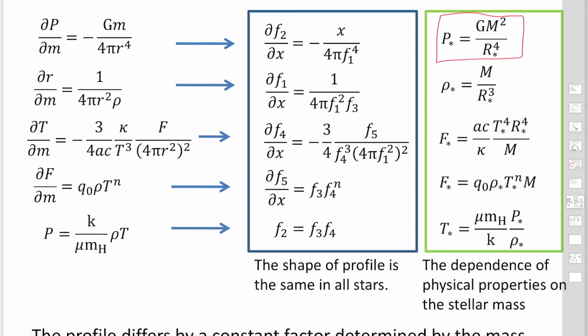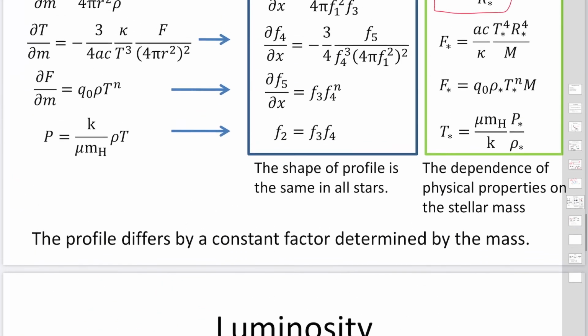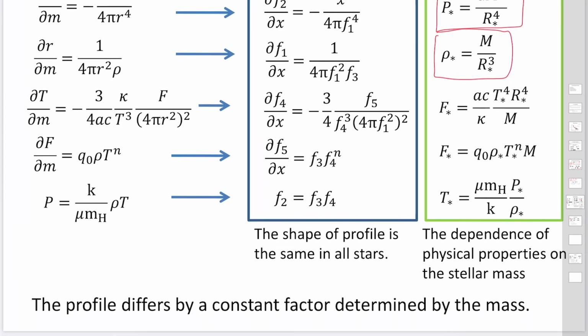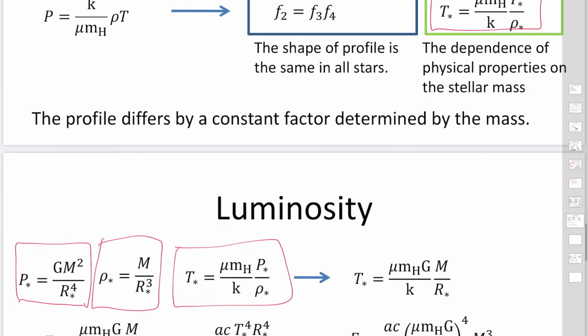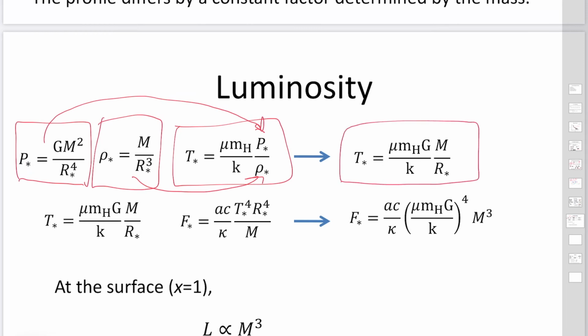Pressure is expressed as GM² over R_star to the 4th, and the density is M over R³. So we have pressure and density, and temperature, which comes from these equations, the ideal gas equation. Then we use these three equations: substituting the pressure equation here and the density here, you can express T_star with this equation.